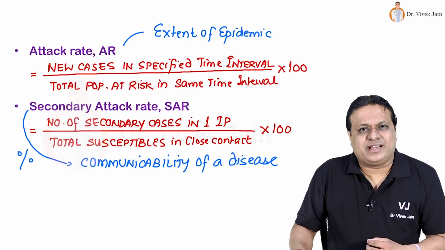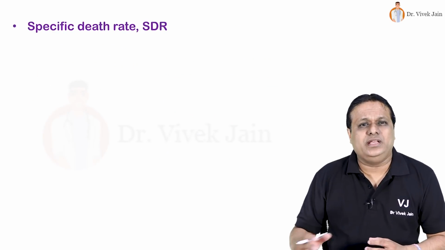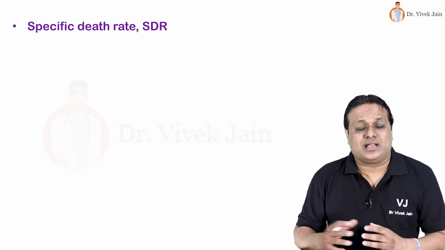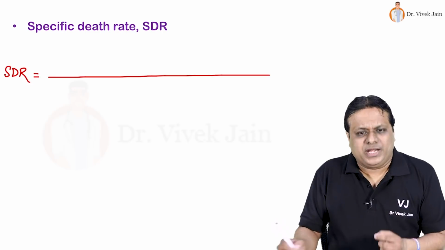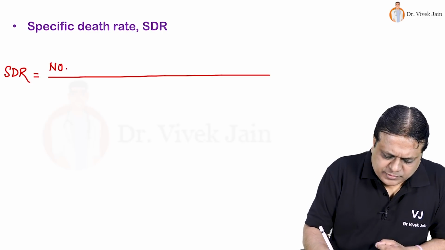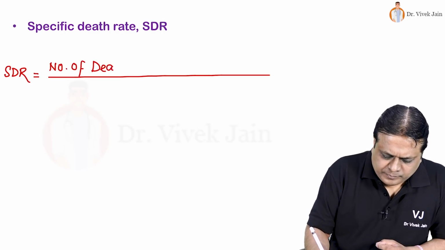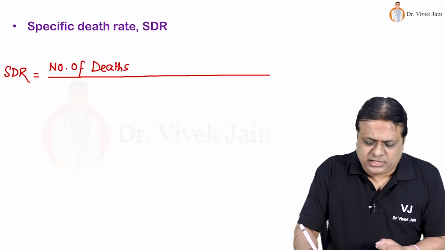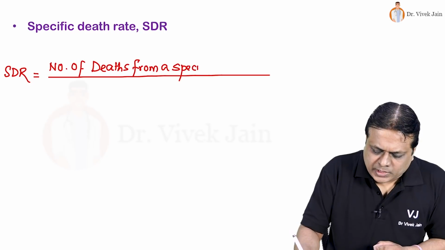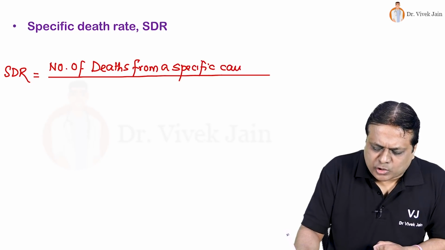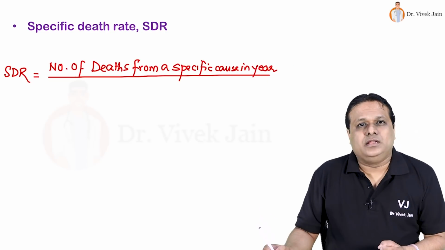Along with secondary attack rate, let us look at some other rates and indicators which are asked in your examination frequently. First, we look at SDR, specific death rate. How do we calculate this? Numerator is the number of deaths which are occurring from a particular specific cause in a given year.